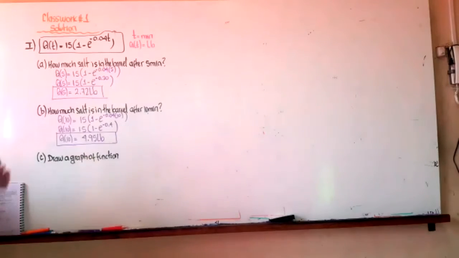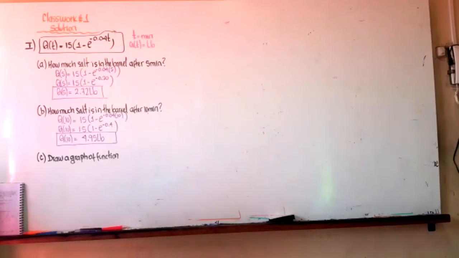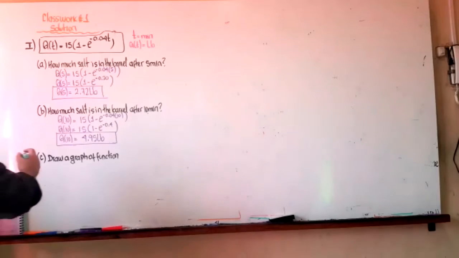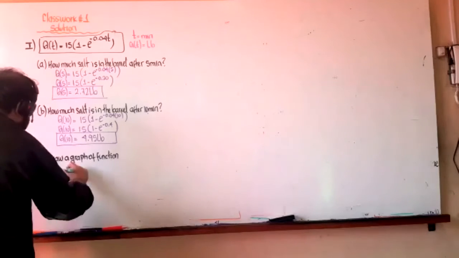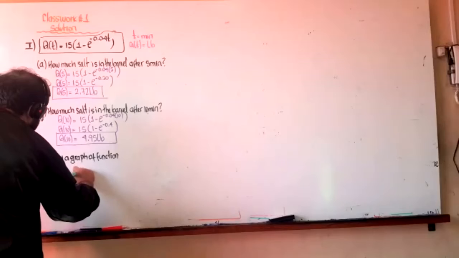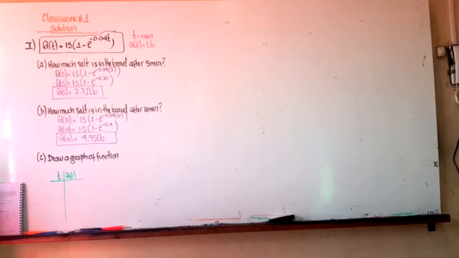Remember the function is the black one. So first of all, we can set the X and Y axes. In this case, we're going to call this one t and Q(t), where t represents the period of time and Q(t) is represented in pounds.